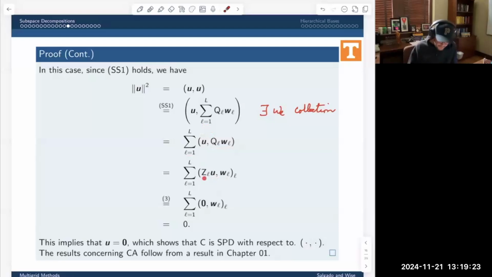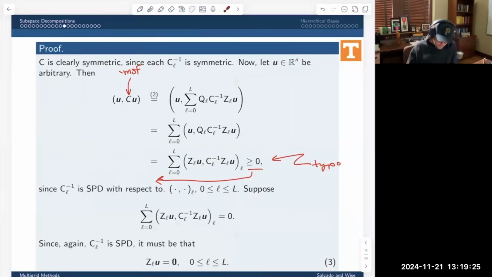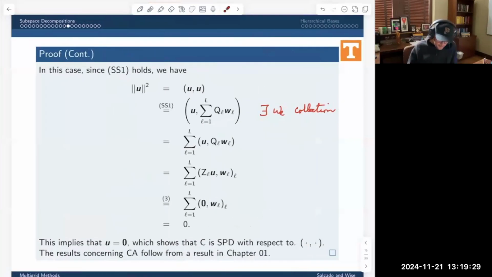But now I know that CL is equal to 0 because of this conclusion here from 3. So I can put 0 there. Each one of these has to be equal to 0 because I'm taking the inner product of WL with 0. That gives 0. So I've just shown that that must mean that U is equal to 0.